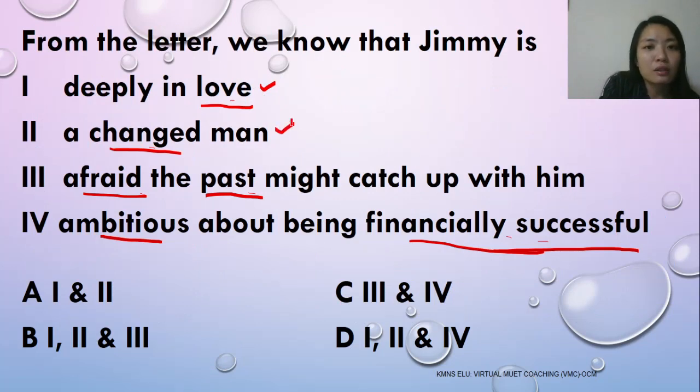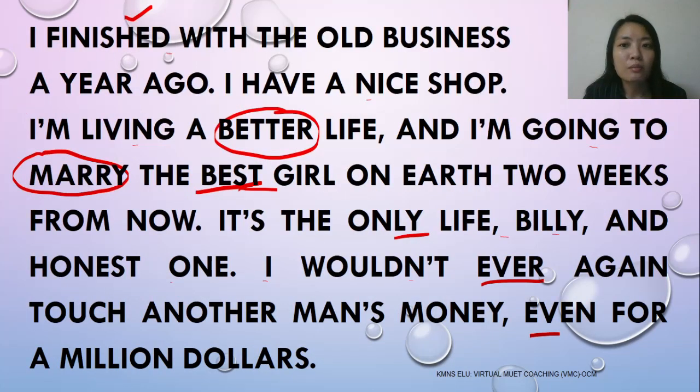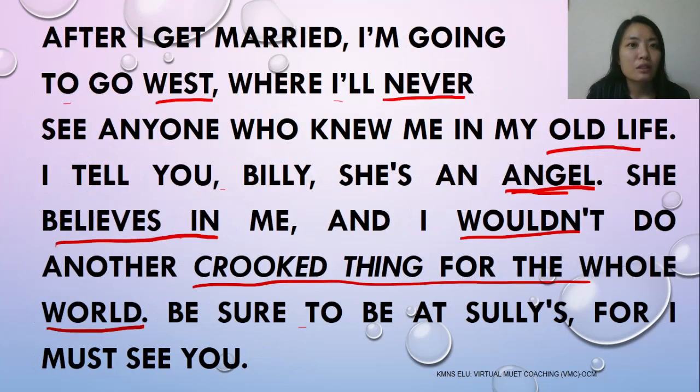Is he afraid that the past might catch up with him? Let's see here. He said, after I get married, I'm going to the West, where I'll never see anyone who knew me in my old life. So he's planning to go to a different place where he hopes that he'll never see anyone who knew him in his old life.